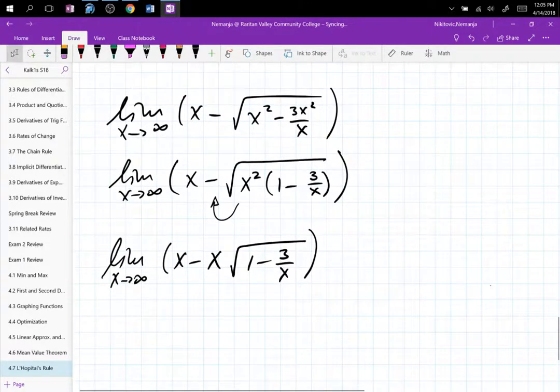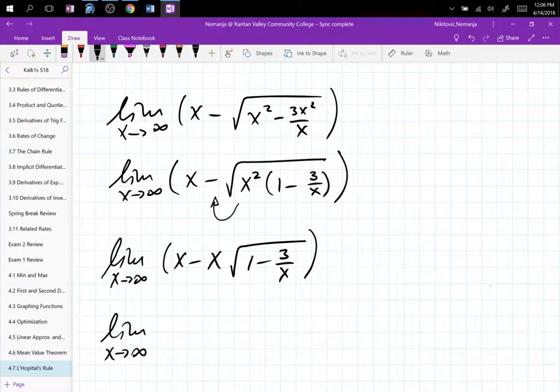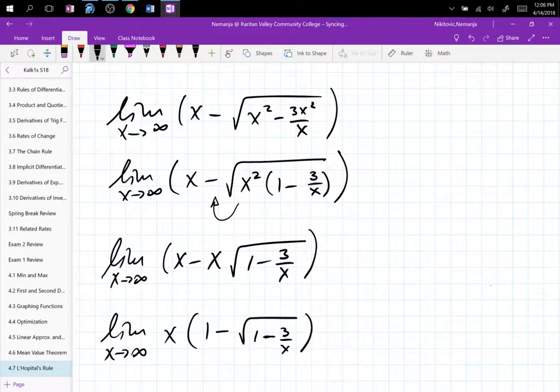And finally, limit as x goes to infinity, you factor out x, and you are left with 1 minus the square root of 1 minus 3 over x. First step completed.